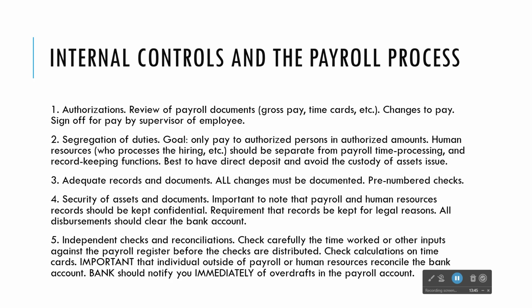The reconciliation is for the cash account, but you also need to be checking the calculations on the time cards. You need to be checking calculations whenever we have a change in federal tax rates, for example. You're going to see changes that should also follow through and should show up in your payroll system.